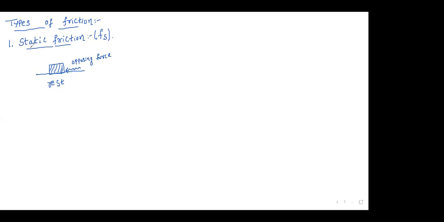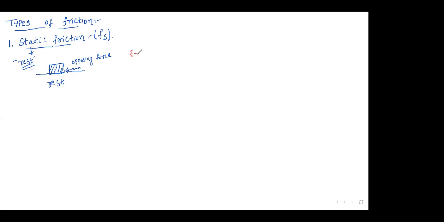So the static friction will come into picture only when the two surfaces are at rest. If a body is at rest, then there is an opposing force. That opposing force is called as what, students? Static friction.